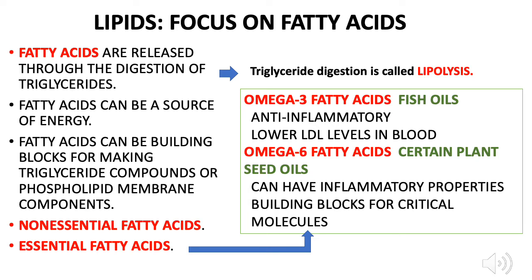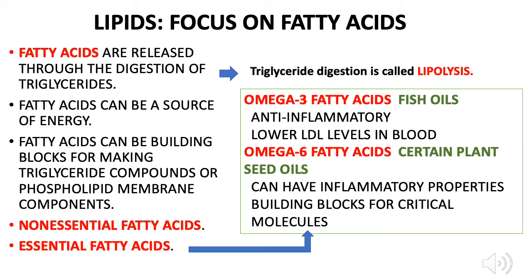If we are lacking a non-essential fatty acid, we can just make it ourselves from some other molecular component. On the other hand, there are essential fatty acids, and those fatty acids absolutely must be present in our diet because we do not have the capability of making them on our own.